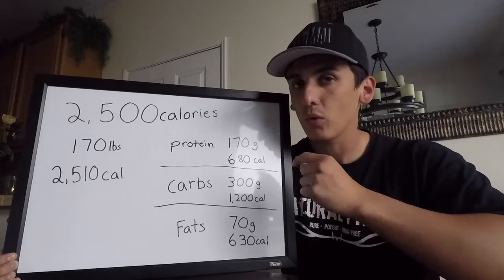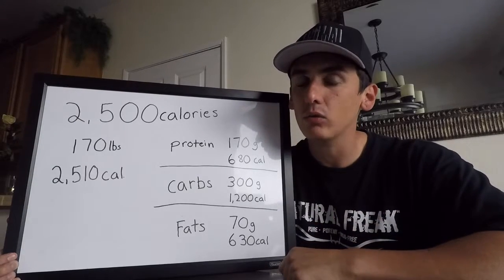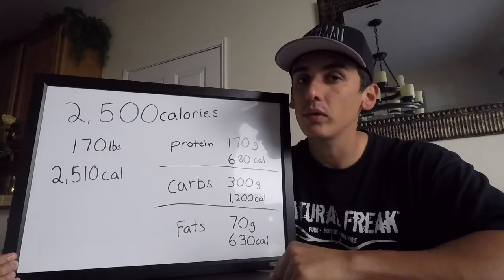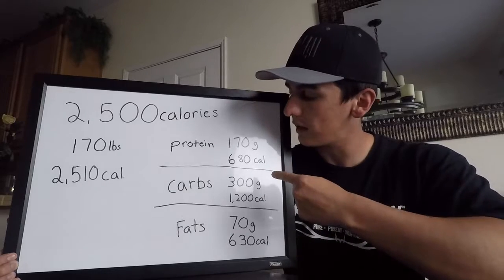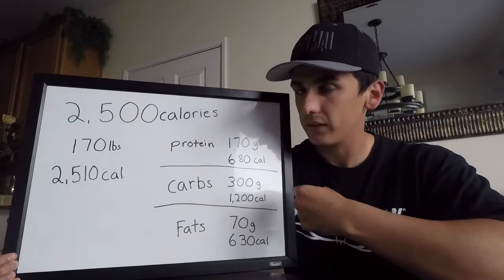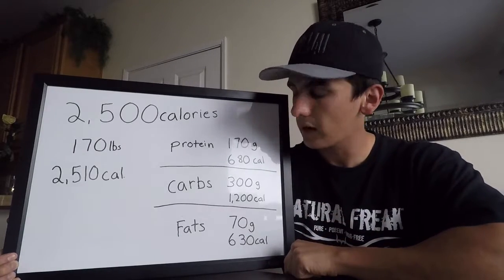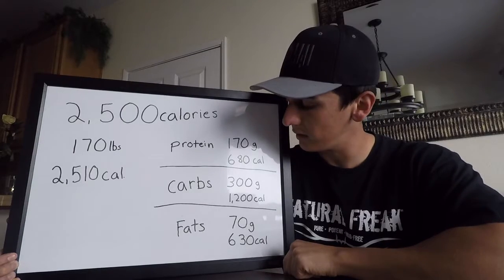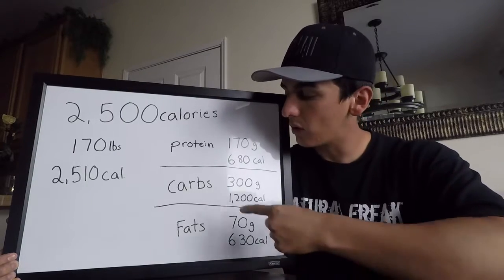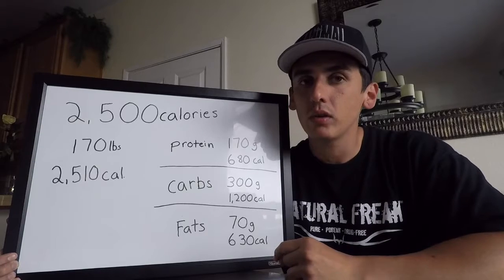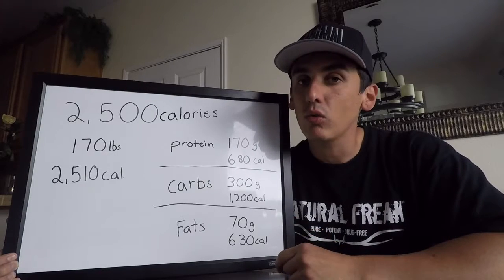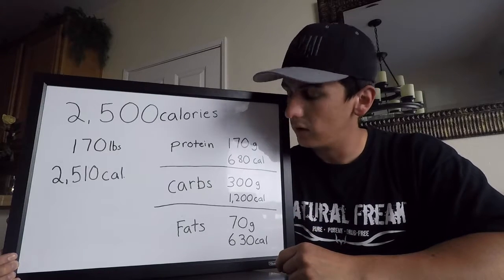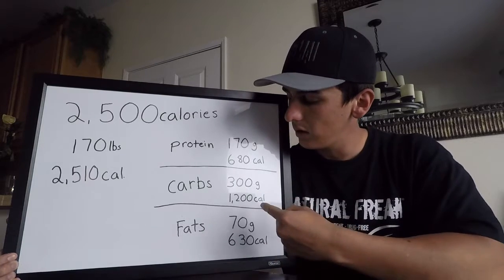And remember, 1 gram of protein equals 4 calories. So I multiply 170 times 4, which equals 680 calories. Now I have a remainder of calories left, and carbs are 1 gram equals 4 calories.